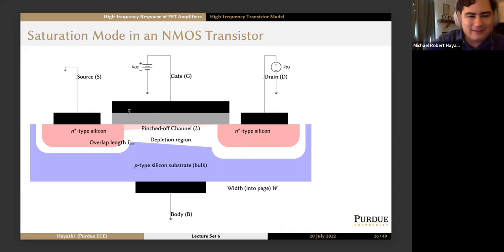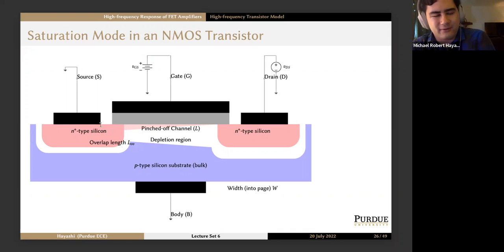Because we have substantial gate to source region overlap, and by overlap, I mean you can see where the oxide overlaps the well a little bit. Because there's that overlap, we get this overlap length LOV right here.